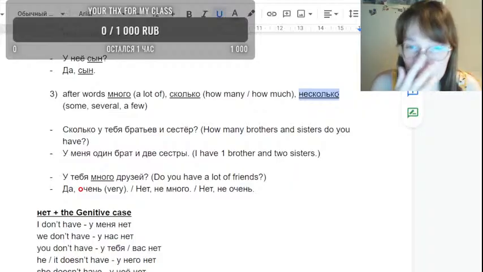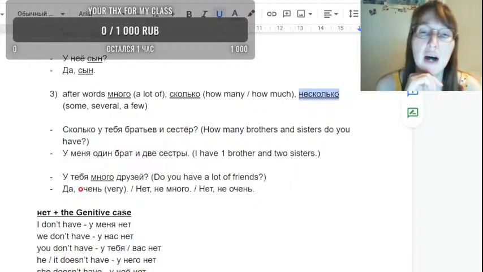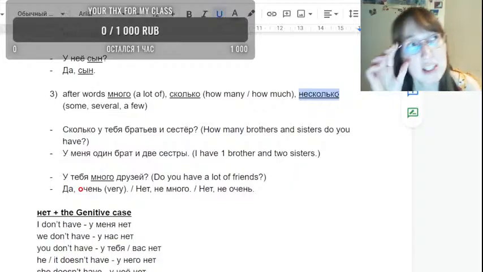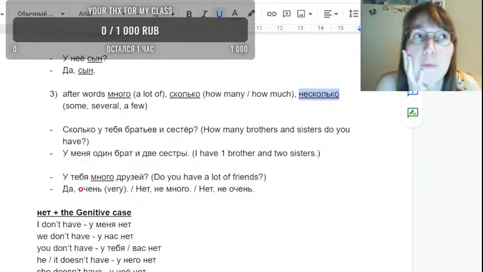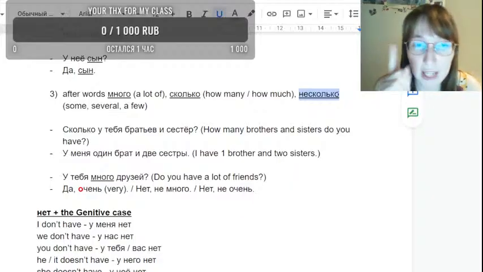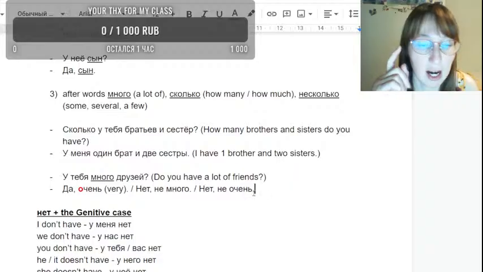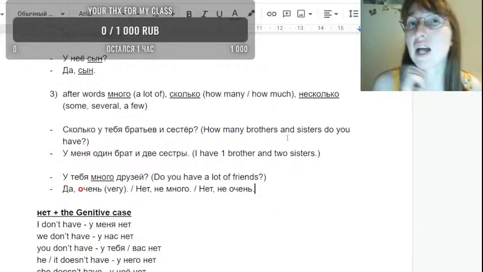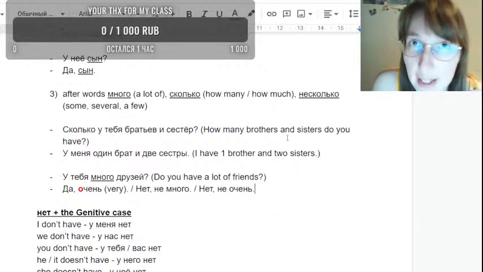And guys, you remember I told you about несколько pronunciation, that it's really important to pronounce it with the correct stressed vowel. Let me explain why. Here we have a word similar to несколько. It's pronounced like нисколько.